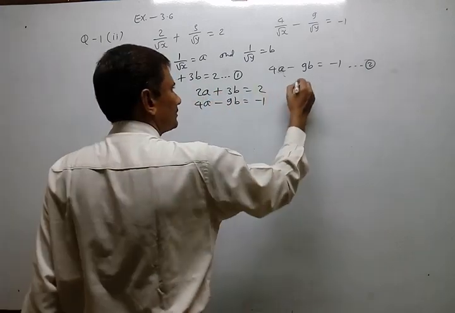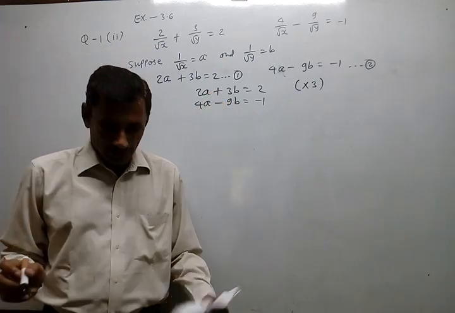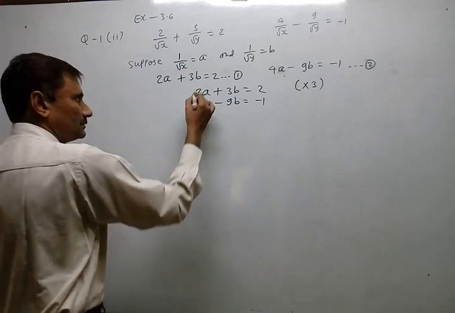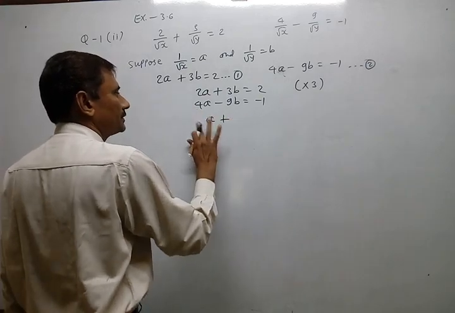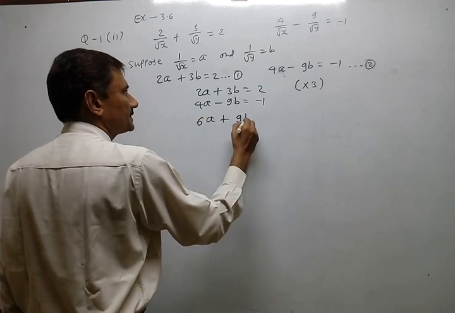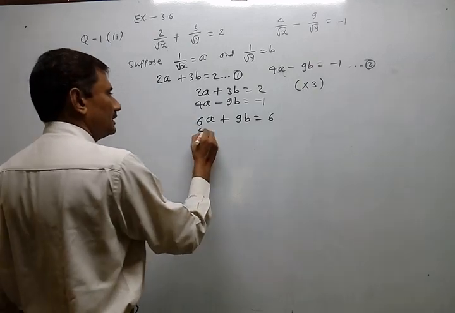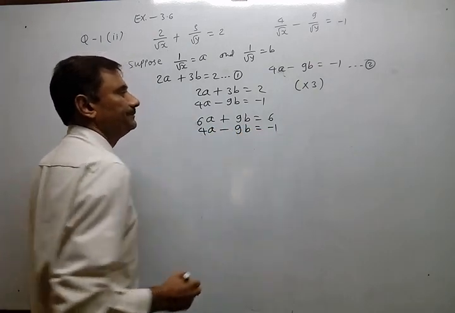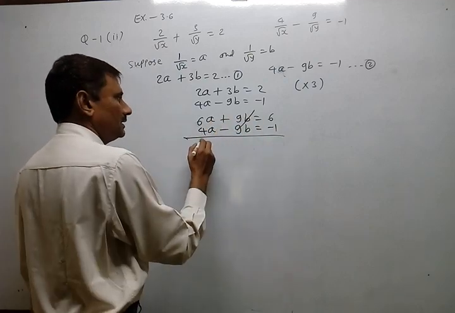I just multiply the first equation by 3 because the signs are already opposite, so no problem arises of subtraction. So it becomes 6a plus 9b equal to 6. Now no need to multiply the second one. Signs are already opposite, that's why we prefer that.